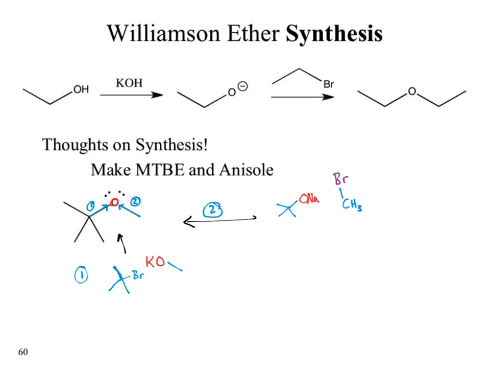Bulky? It is bulky, which would suggest base, which would suggest elimination. Can I do an elimination? No, because there's literally nothing to eliminate. I have to have a beta position. I don't. This is now the best sequence I could possibly run.